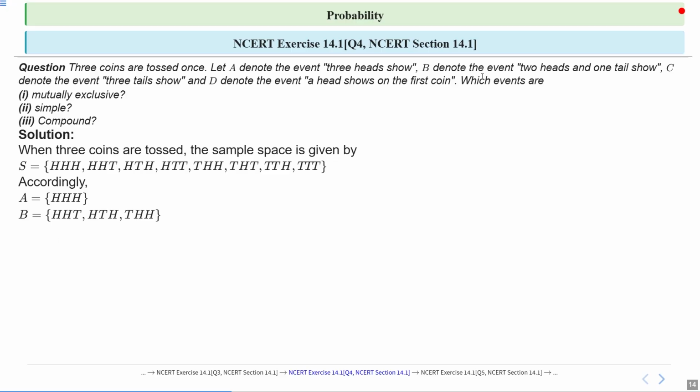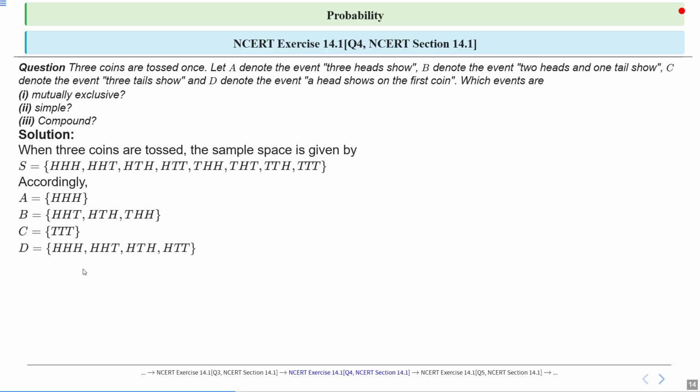Event B denotes 2 heads and 1 tail, so event B contains HHT, HTH, and THH. And event C denotes 3 tails, so event C is the set containing TTT.